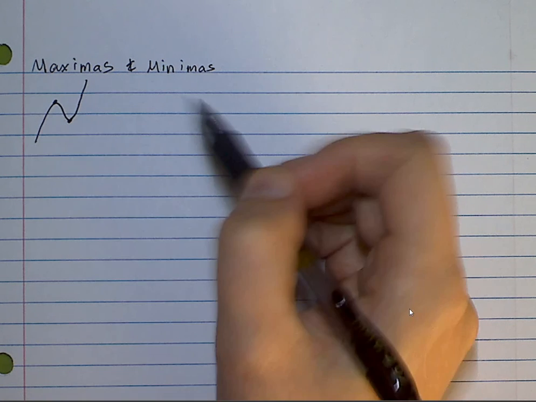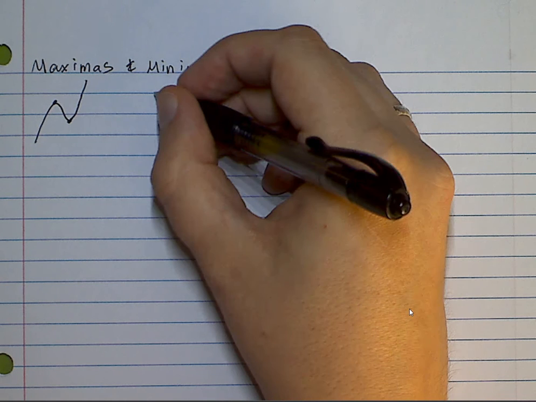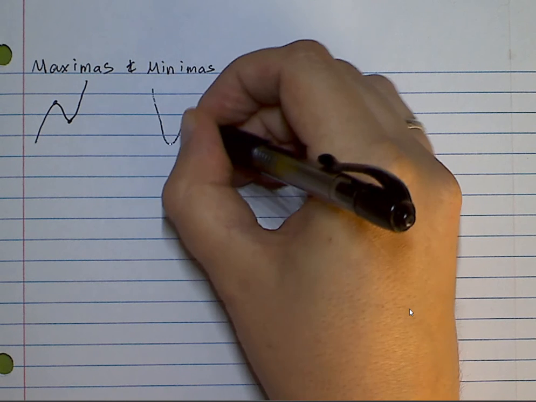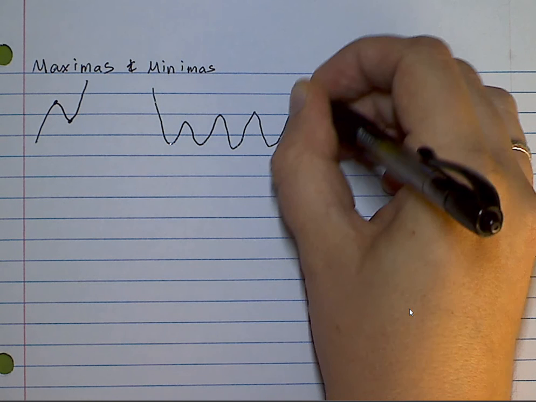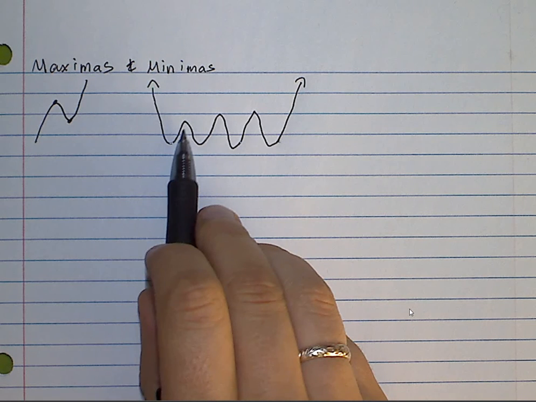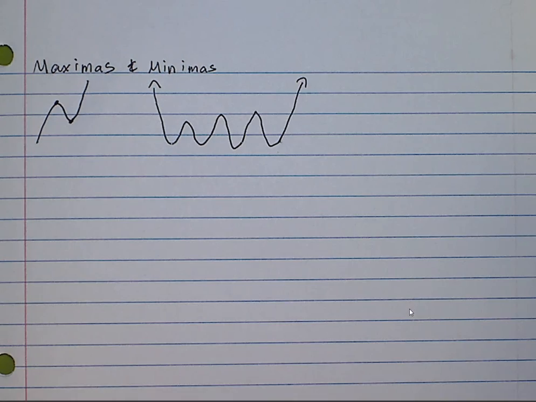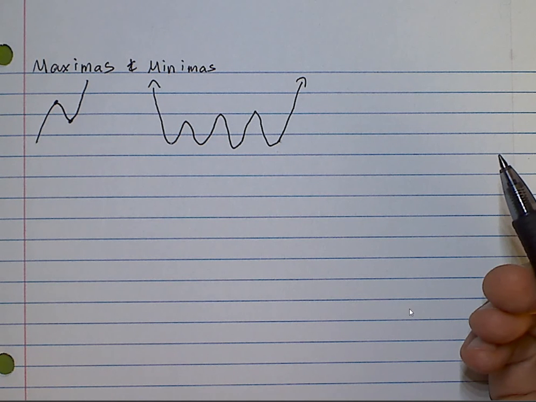And you could have a function that has all kinds of these. So you could have a function that does this whole kind of roller coaster-y thing, and then maybe does that, where you could have a whole bunch of maximas and a whole bunch of minimas on this interval. That kind of looks like the cosine or sine. Yeah, it kind of does.